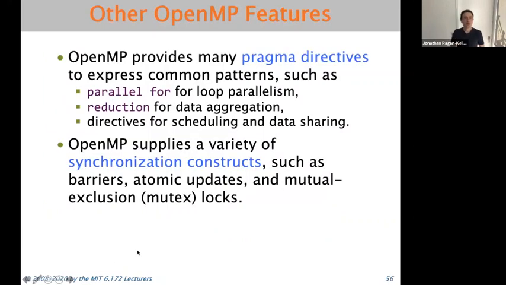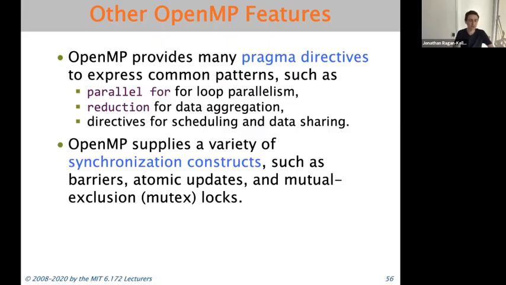All right, so OpenMP provides lots of pragma directives like this, again, to express different common patterns, somewhat similar to things you'd see in TBB, such as parallel for loops, which are maybe the most useful and most widely used, the things you'll most often see OpenMP annotations for. So you can annotate a for loop with pragma omp parallel for, and that for loop will run in parallel.